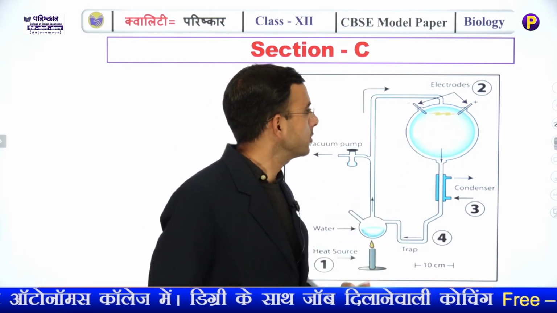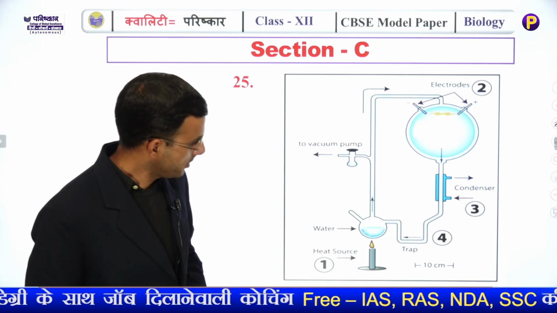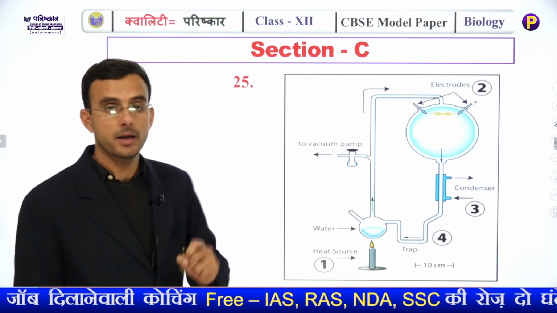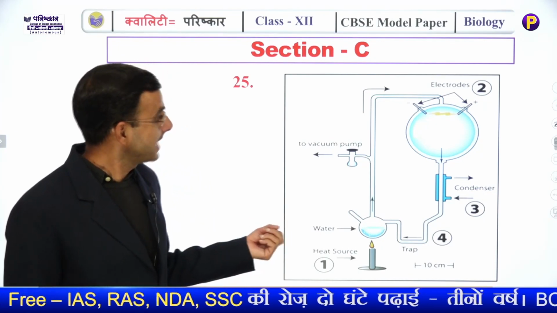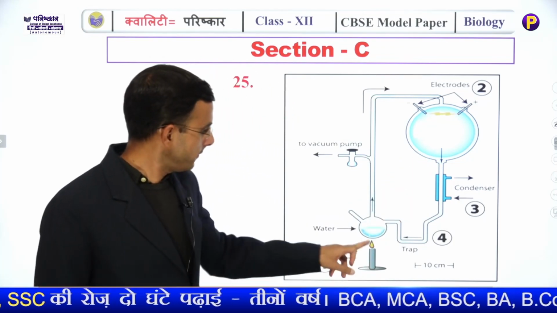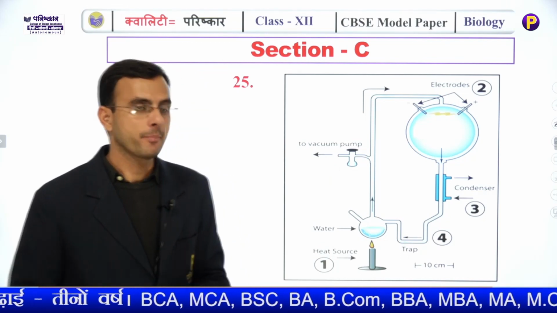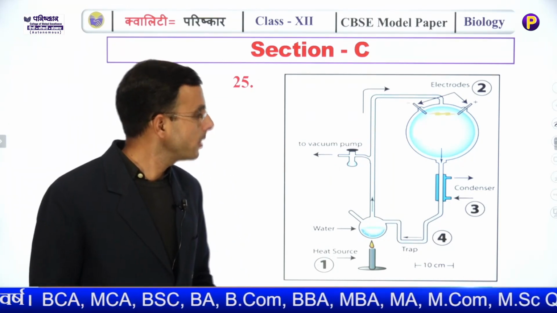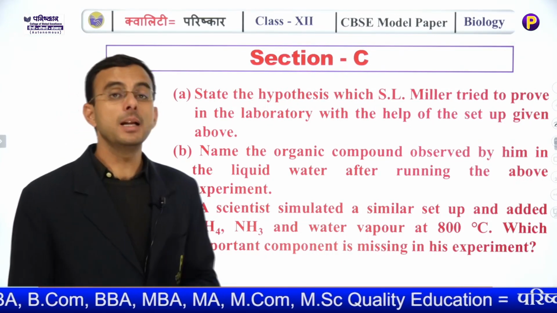That means there are two electrodes present. In that diagram, different chemicals are present and heated up, so it must be about something, and that is the Miller experiment.